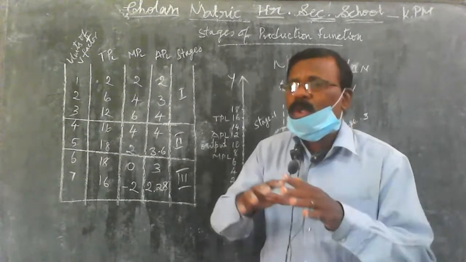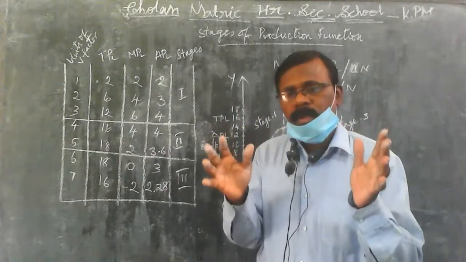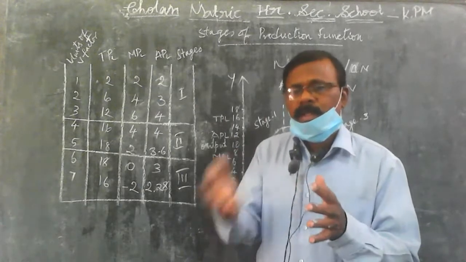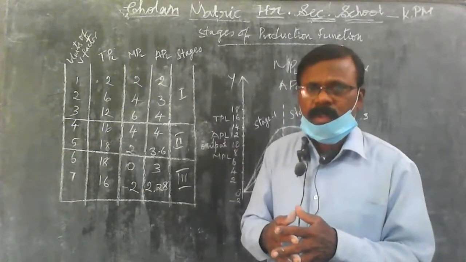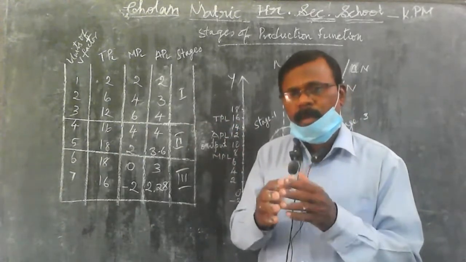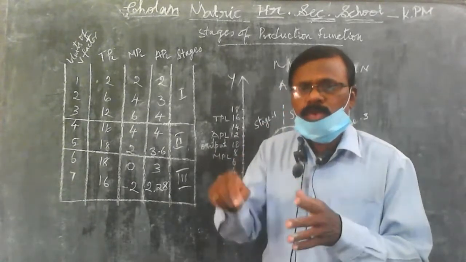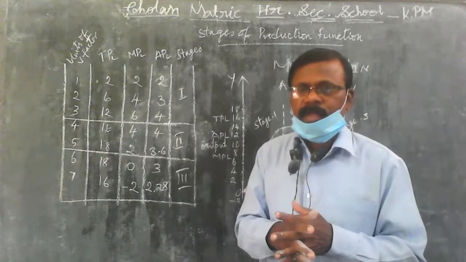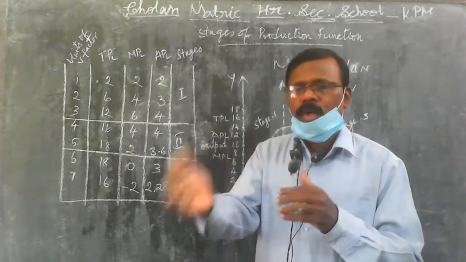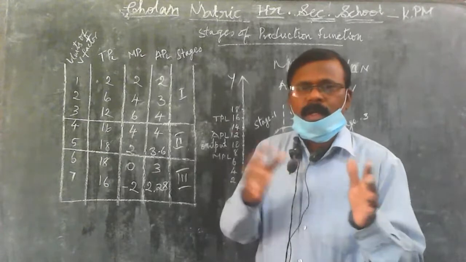Output refers to the total volume of production produced by using the factors. So the total production is called output, and input is the total factor services used in production. That is why we say transforming input into output. So you must understand the meaning of input and output.